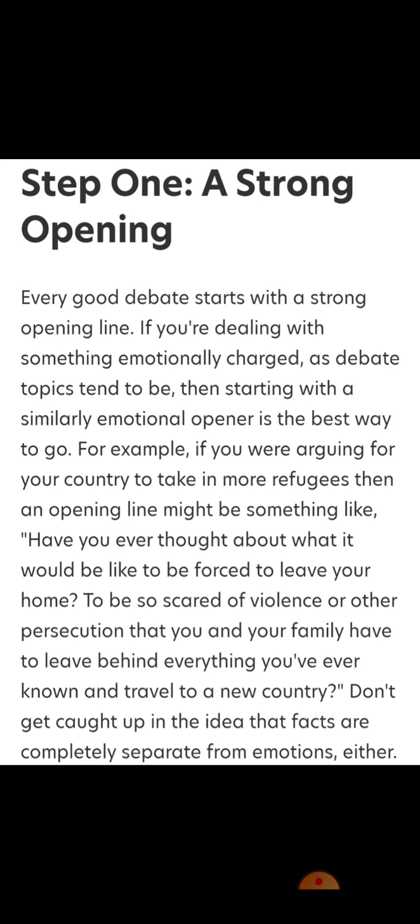To be so scared of violence or other persecution that you and your family have to leave behind everything you have ever known and travel to a new country. So by this line, you can arouse the emotion of the audience.